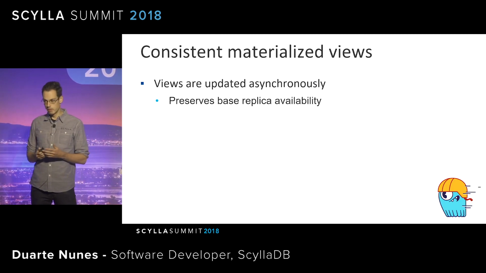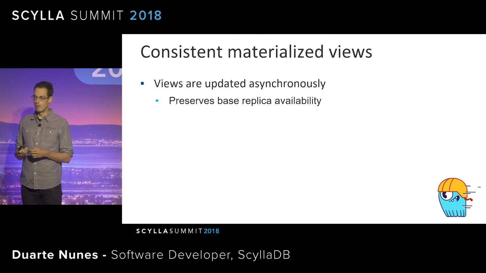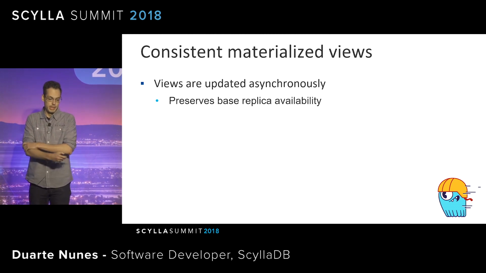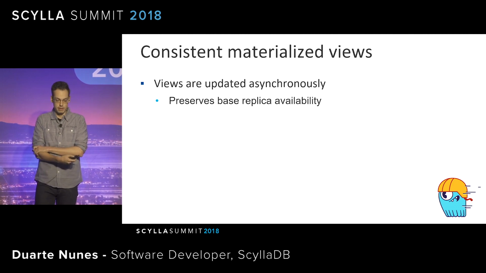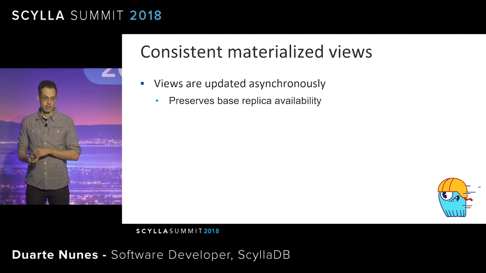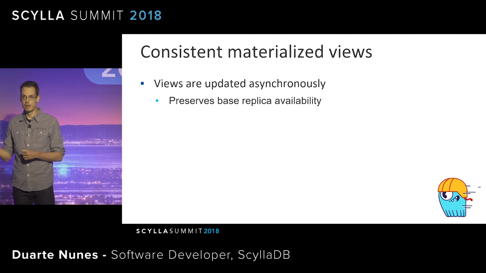A final example is materialized views. So today, updating a view happens asynchronously, and this has advantages, namely that base table availability is not impacted. So if I do a write to a base table, I'll store the view update in a queue.